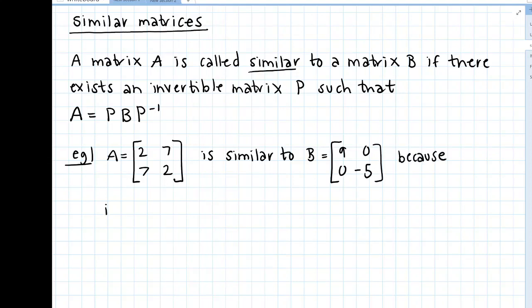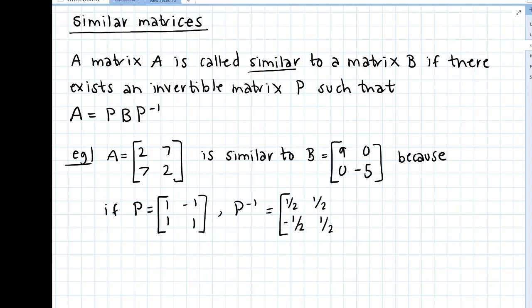Because if you pick the matrix P equal to 1, 1, negative 1, 1, then the inverse of that is going to be 1/2, 1/2, negative 1/2, 1/2.